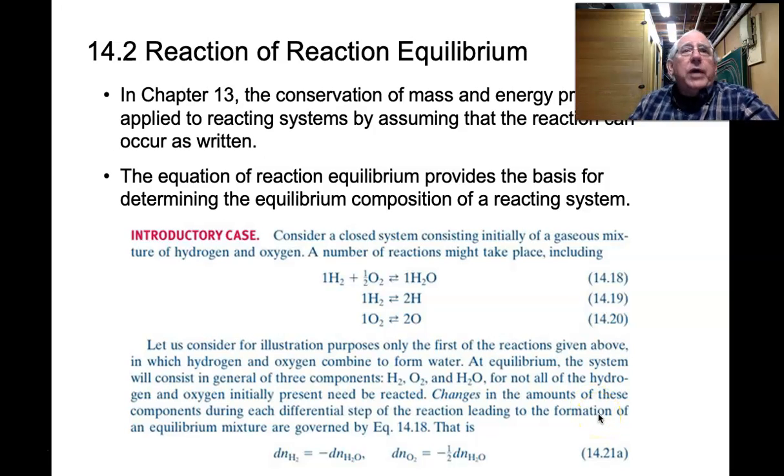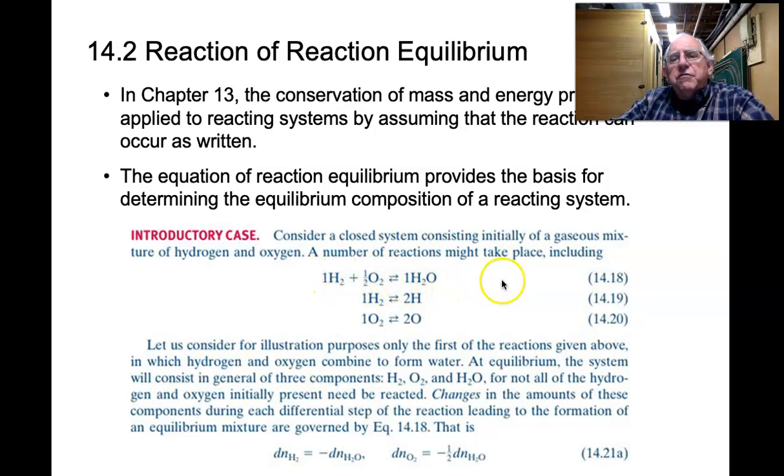in any particular reaction equation. And so these three equations correspond to three separate reaction equations. And so at any given time, this particular equation could be happening. And the double arrow means that the reaction can actually be going in both directions. And so at any given time, we may see some hydrogen disappear that forms water. At any given time, we would also see some oxygen that disappears that forms water.